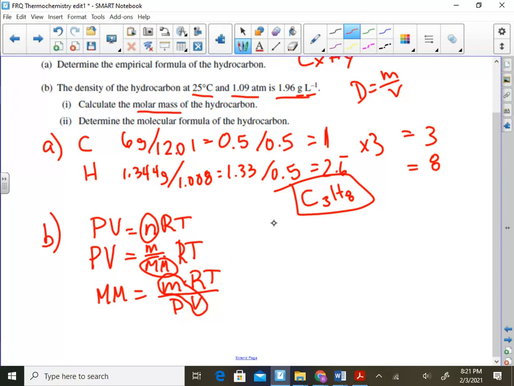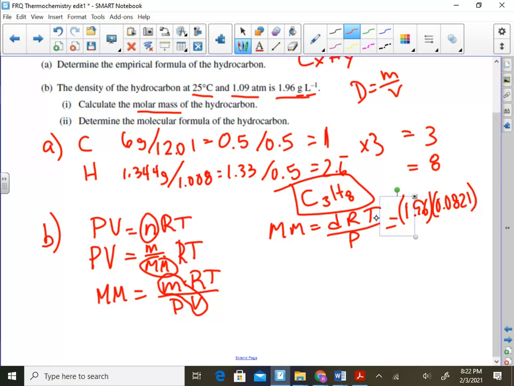So let's go ahead and set that up. We know the molar mass equals the density times R and T over P. We get the density is 1.96. R is that gas law constant, 0.0821 or 2, around that.